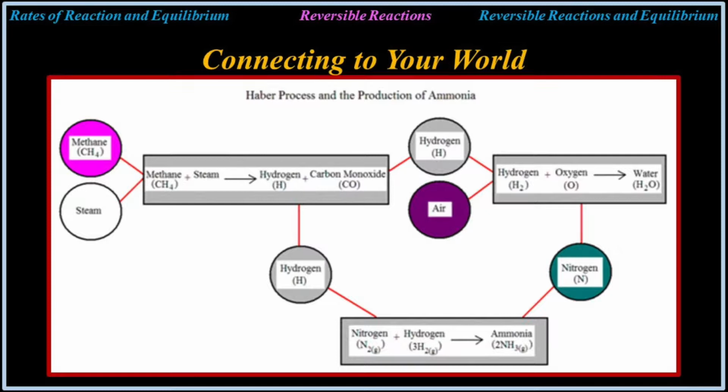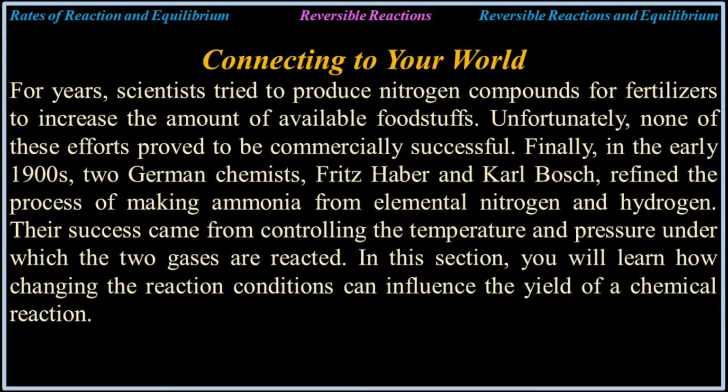Connecting to your world. For years, scientists tried to produce nitrogen compounds from fertilizers to increase the amount of available foodstuffs. Unfortunately, none of these efforts proved to be commercially successful. Finally, in the early 1900s, 2 German chemists, Fritz Haber and Karl Bosch, refined the process of making ammonia from elemental nitrogen and hydrogen.